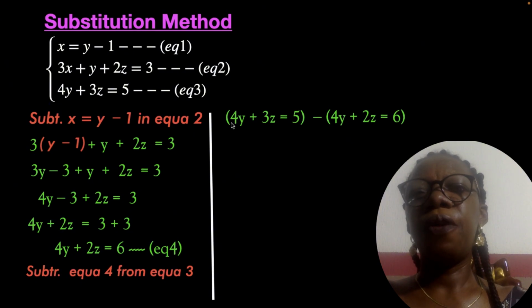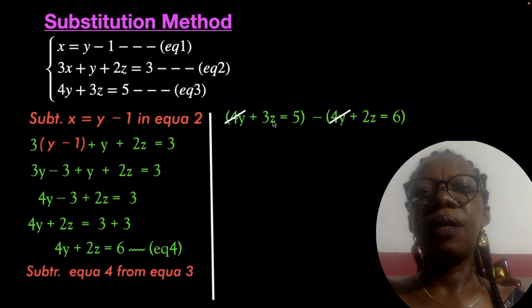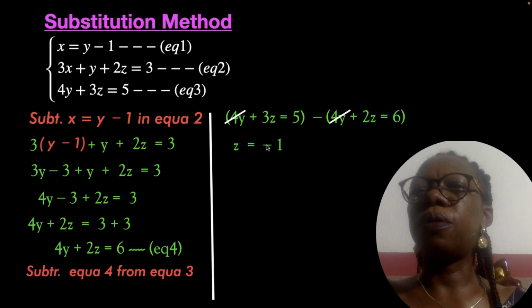Alright, 4y minus 4y cancel each other, and then 3z minus 2z, we have z. 5 minus 6, we have minus 1. Therefore, in this equation, z is equal to minus 1.